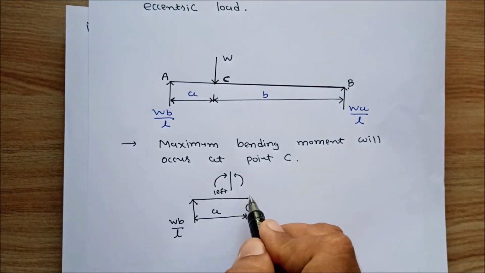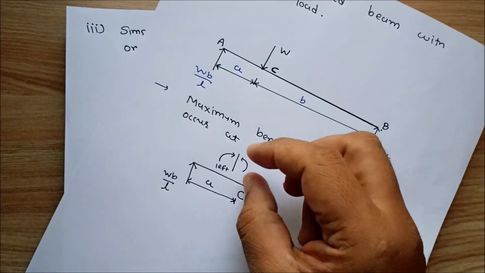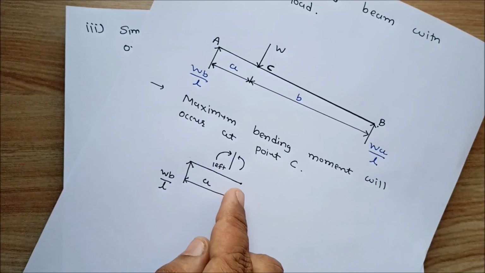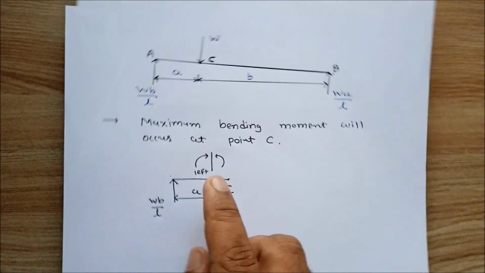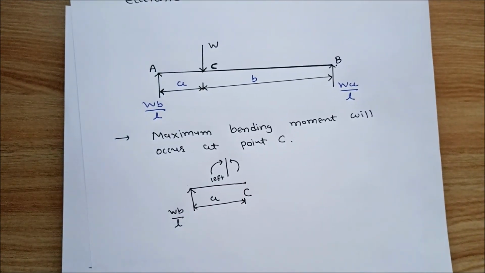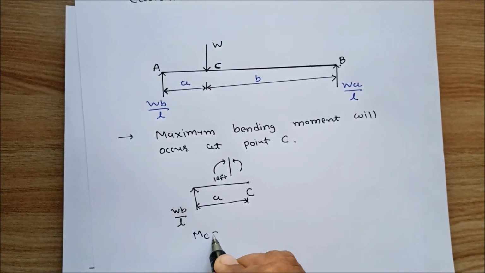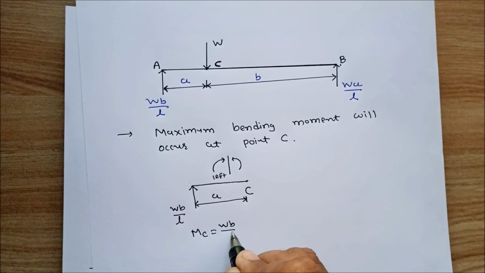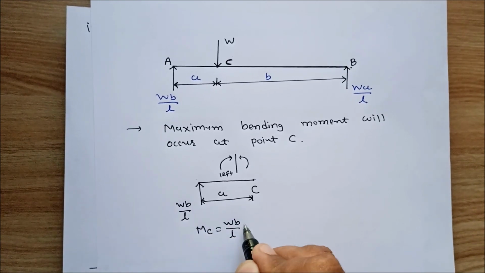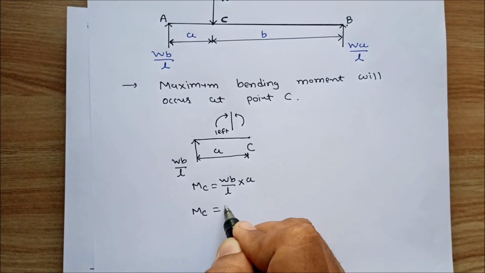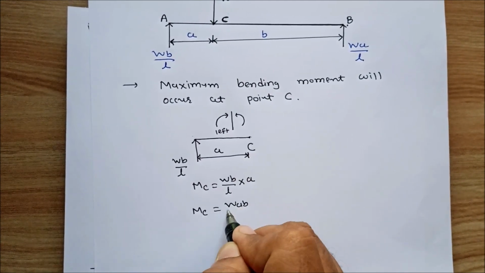So here bending moment at C. So this moment goes clockwise direction. So plus, because here we take moment from left side, or you can remember that upward force, that is plus. So bending moment at point C, that is force, that is WB by L, and perpendicular distance, that is A. So here bending moment at C, that is WAB by L.